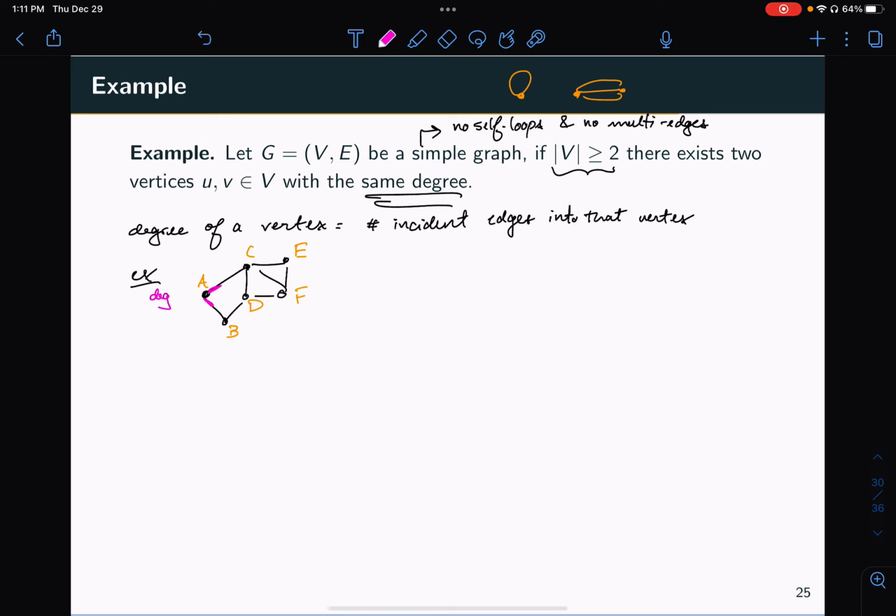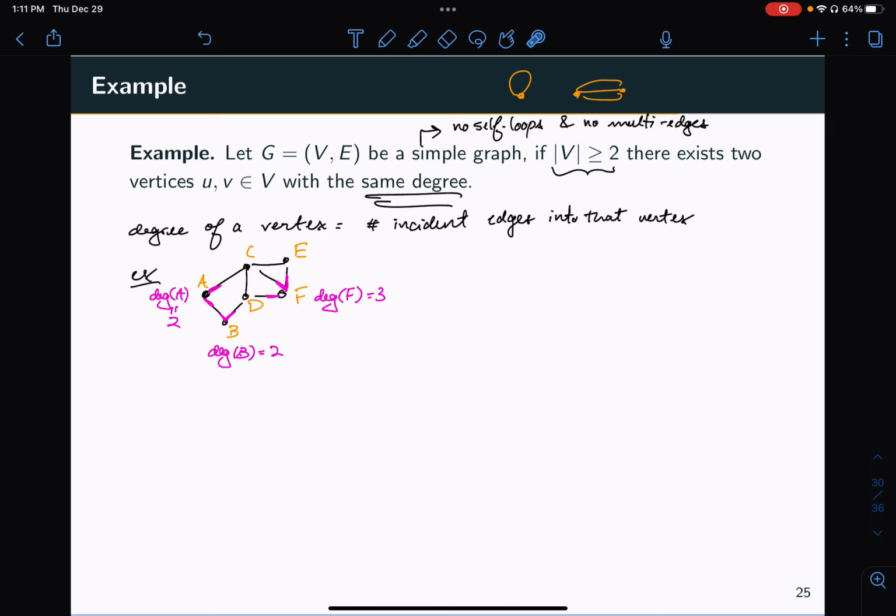So the degree of A is equal to 2. Similarly, the degree of B is equal to 2. Let's find another one. The degree of F: it has 3 incident edges, and so its degree is equal to 3. This is the notation that I'll use: deg of F is just the degree of that vertex.